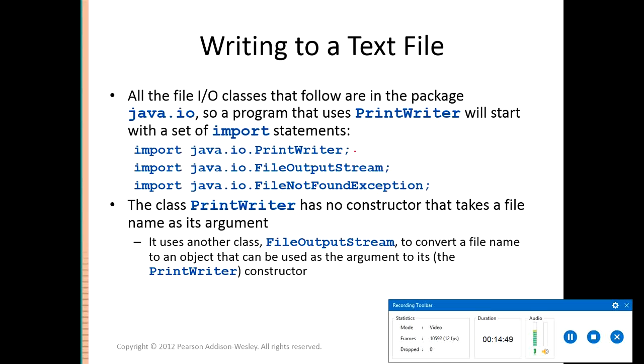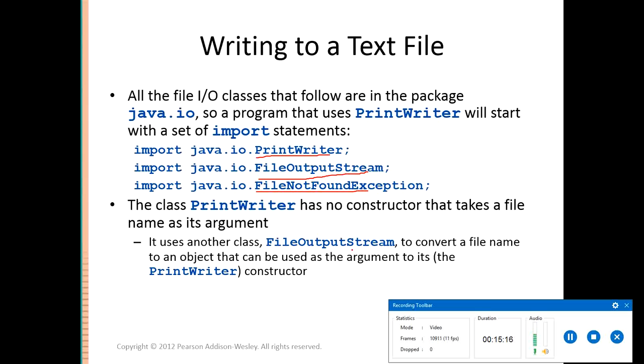So the set of import statements when we are writing into a file will have java.io.PrintWriter, java.io.FileOutputStream, java.io.FileNotFoundException. Class PrintWriter has no constructor that can take a file name as an argument.